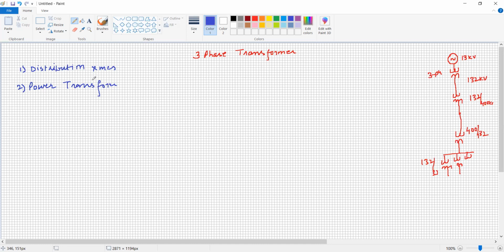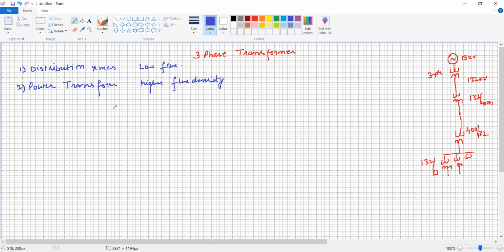Distribution transformers are those used for the distribution of LT supply or in the industries, and these transformers are generally designed at low flux density, because the load on the transformer changes from time to time, whereas the power transformer is designed at somewhat higher flux density, because it is permanently loaded on the transmission network.